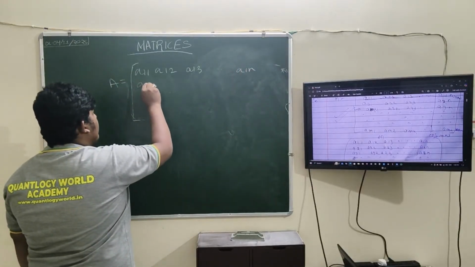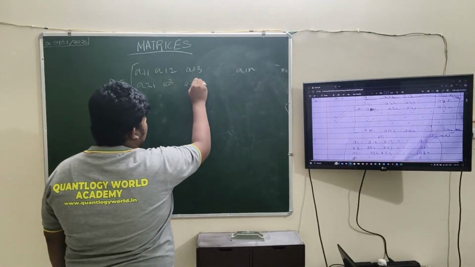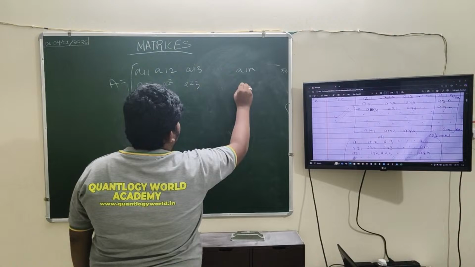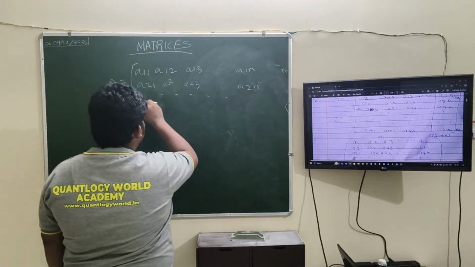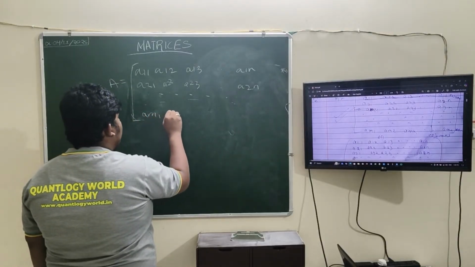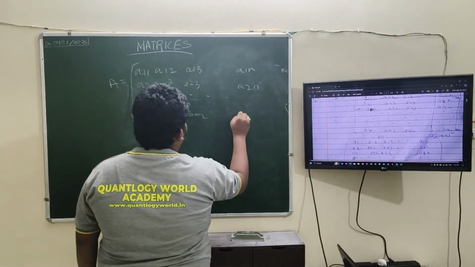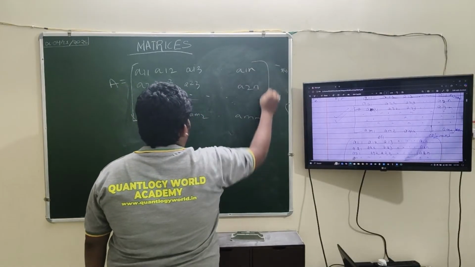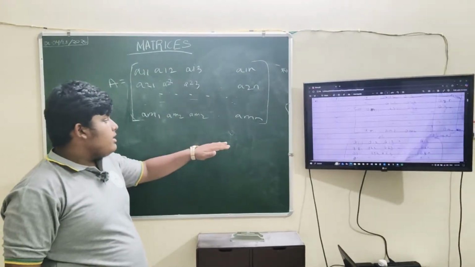Like that, A21, A22, A23, A2n. Like that, there will be many rows or many elements. Then like that, AM1, AM2, AM3, AMN.